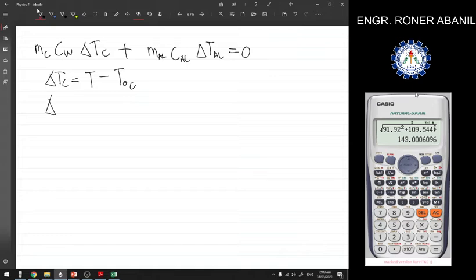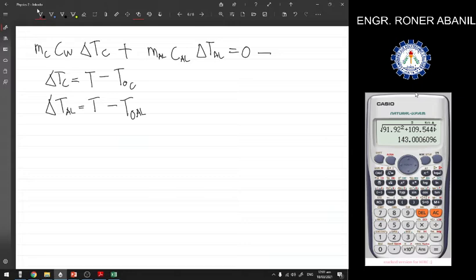Ganun din yung aluminum, T minus the T initial ng aluminum, kasi parehas tong dalawa.